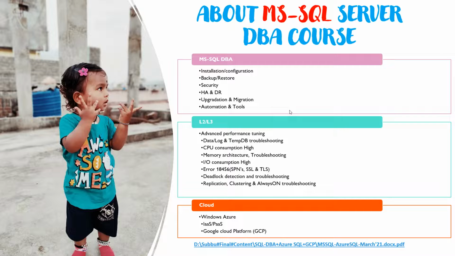When you go for L2 and L3, it is advanced performance tuning. How you will troubleshoot if something goes wrong, like the log file, data file, tempdb, or high CPU consumption, memory architecture, and memory troubleshooting. Memory is completely occupied by SQL Server. Basically SQL loves memory, the way we love girls, right? Same way SQL loves memory completely.